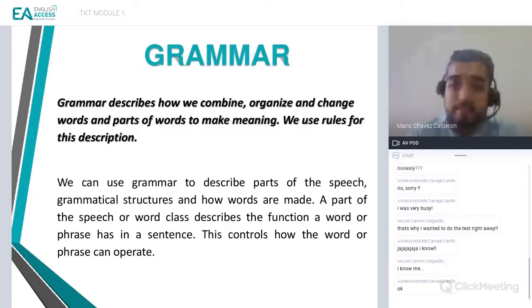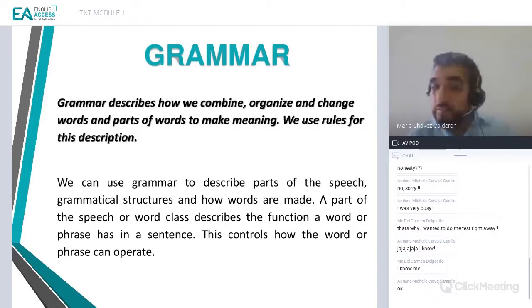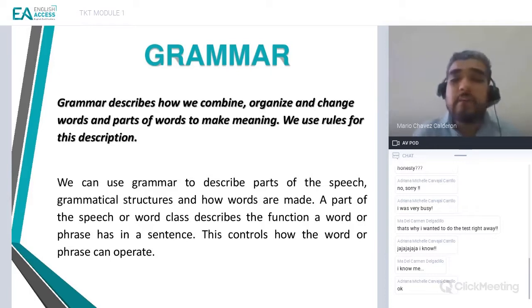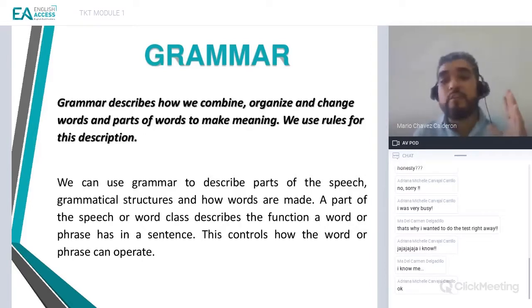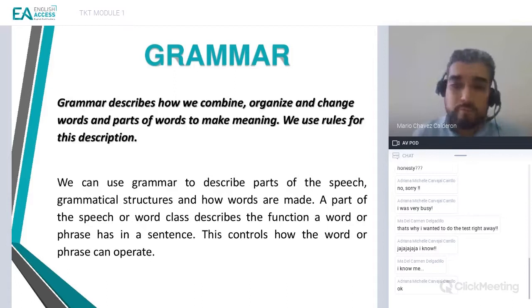We use rules for this description. How we combine the words, how we organize them, in what order, and how we change them, so we can communicate meaning. We can use grammar to describe parts of the speech, grammatical structures, and how words are made. So for grammar, we have parts of the speech, grammatical structures, and word formation.